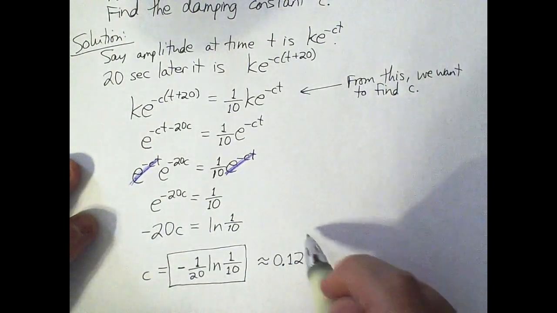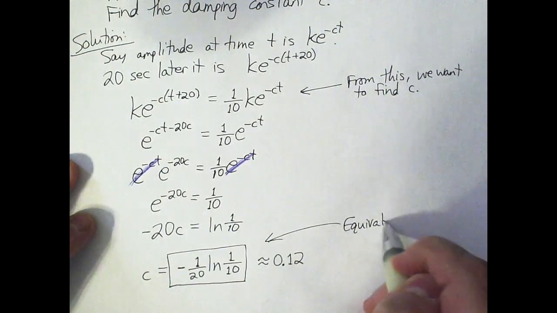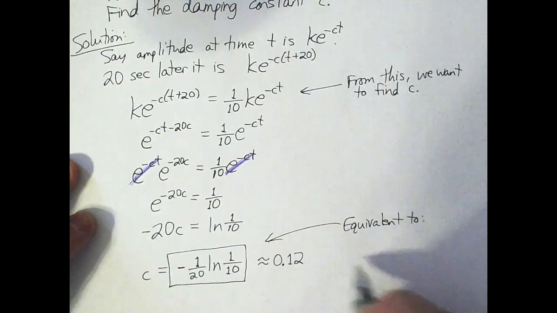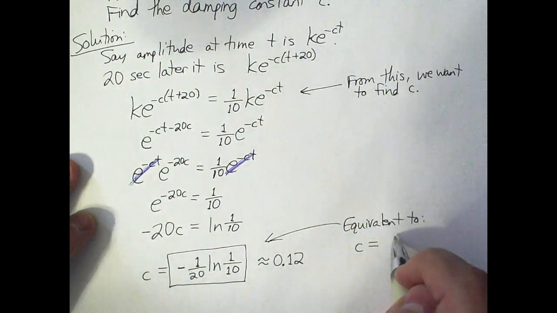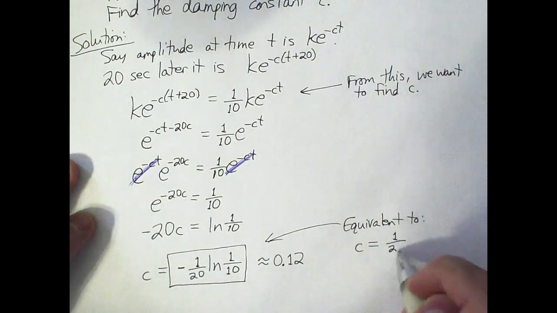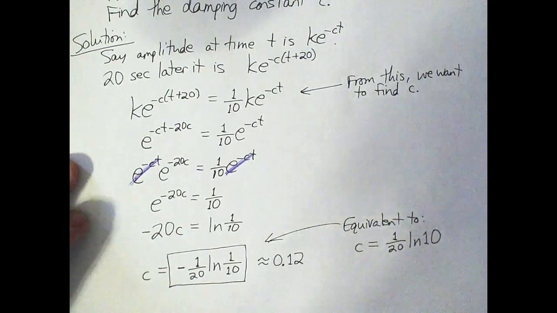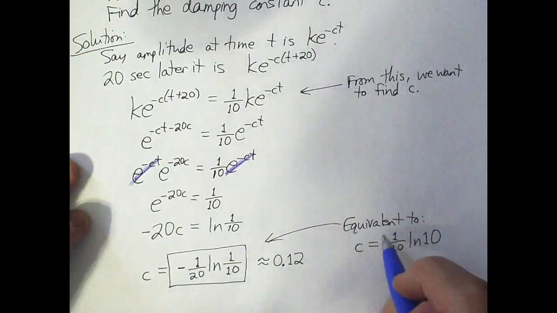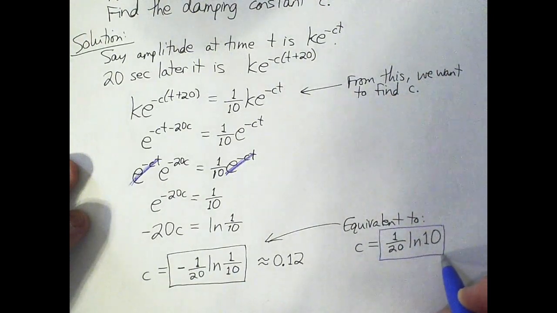By the way, another way to write this, this is equivalent to, you could also get the answer to look like positive 1 over 20 ln 10. Can you see that that is equivalent to what we got? Why is that equivalent?